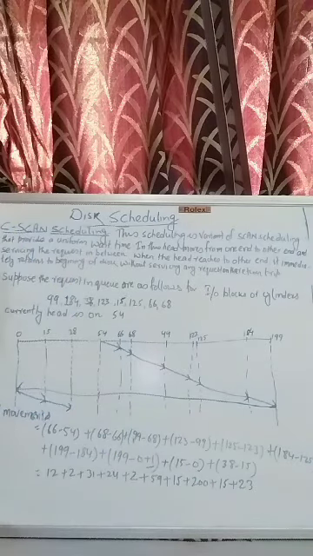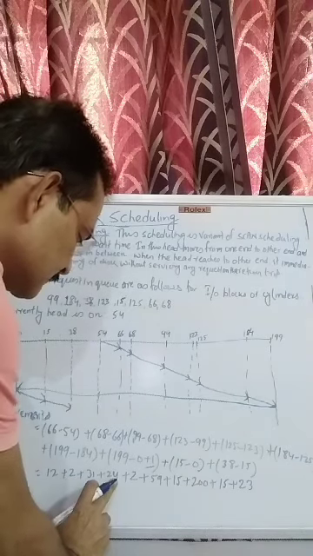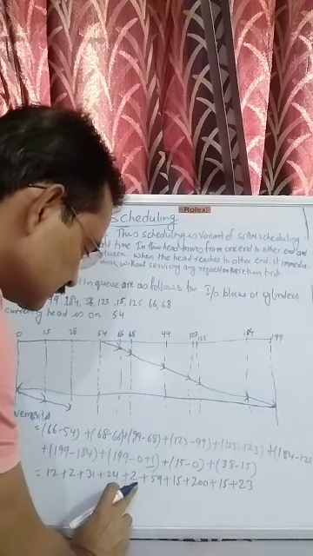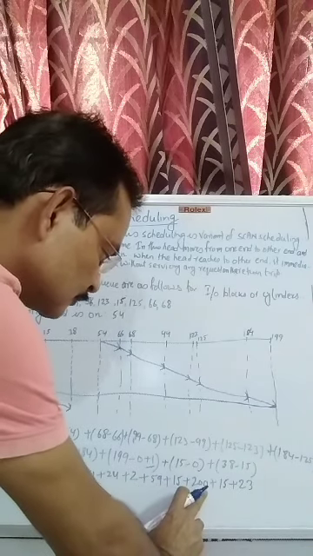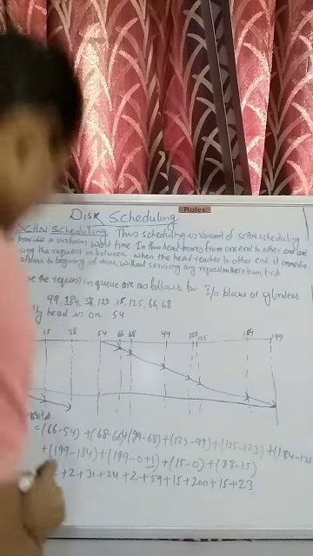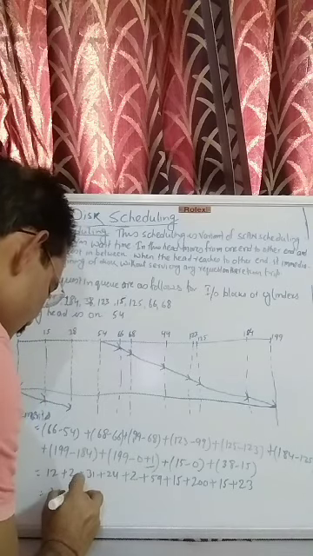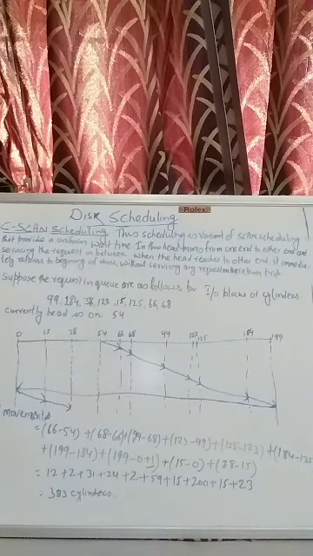So the total is 383 cylinders. So this is the C-scan scheduling.